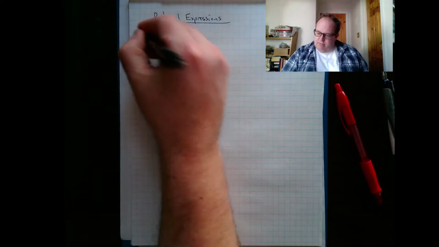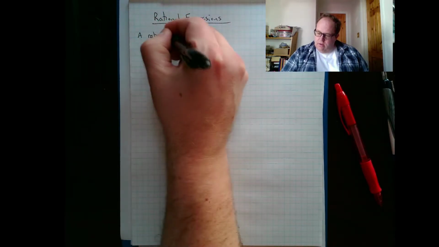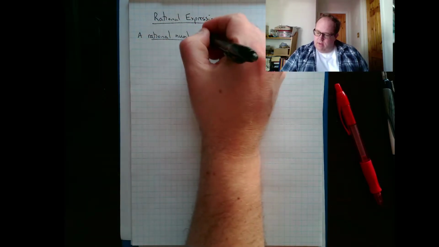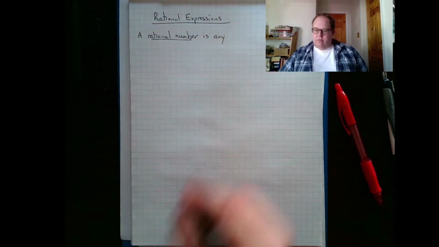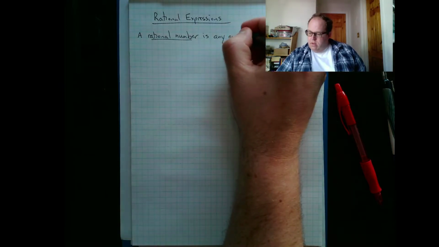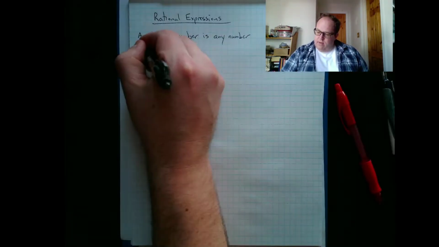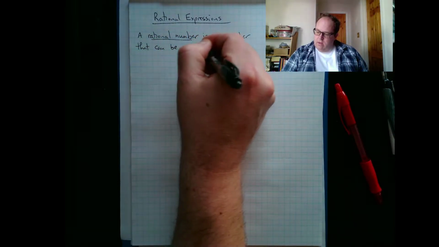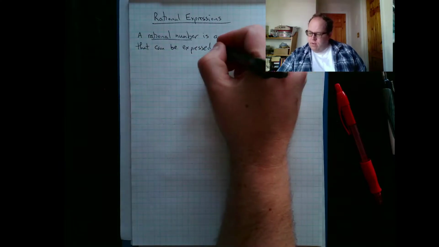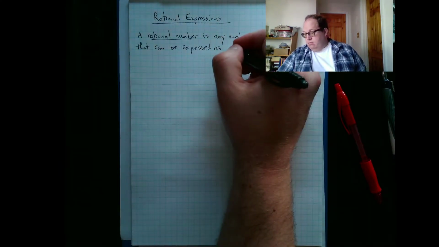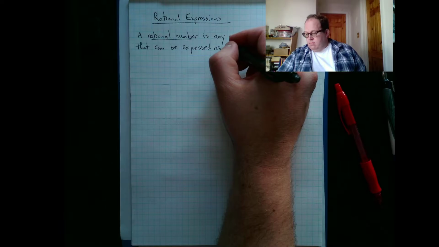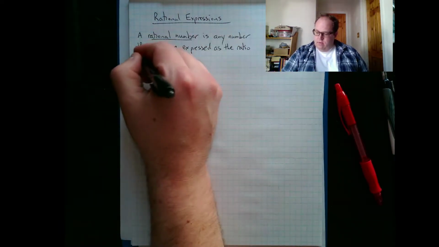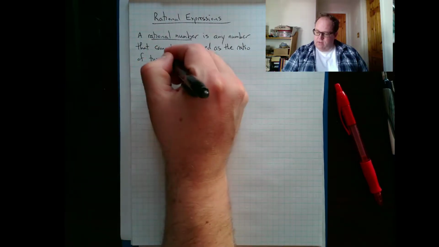So a rational number is any number that can be expressed as the ratio of two integers.